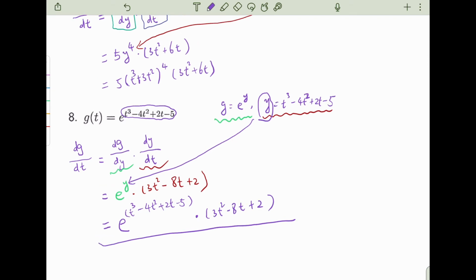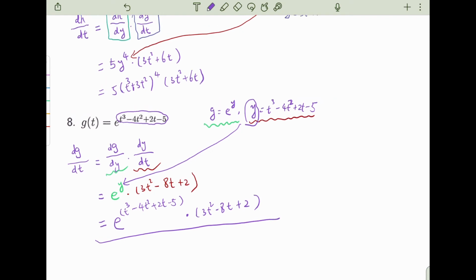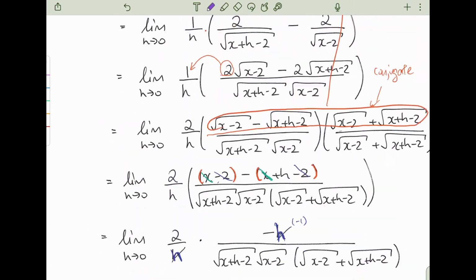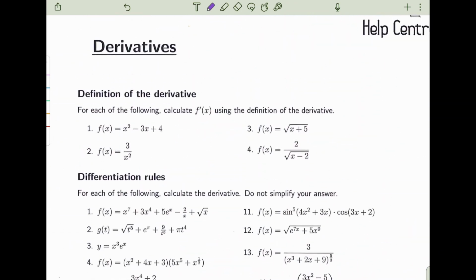And you can see that it's not super difficult as long as you are able to identify the most outside function, most inside function. It's easy to understand. What may seem complicated is when the function is composed with many functions.